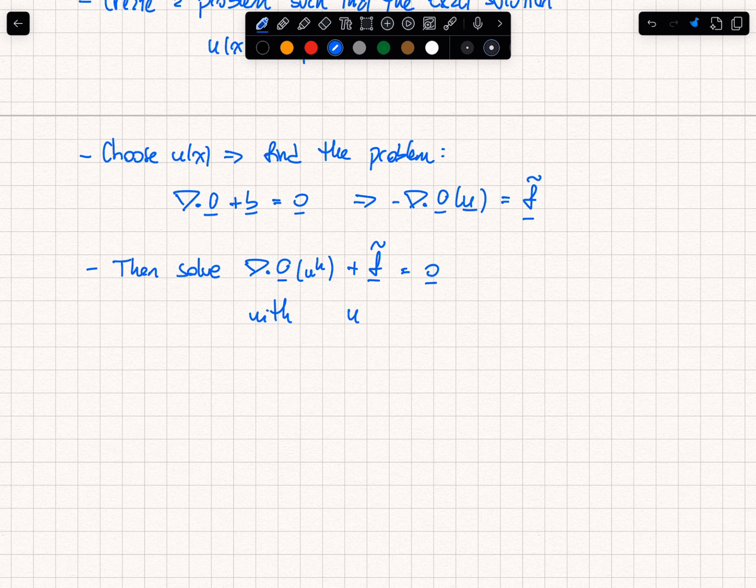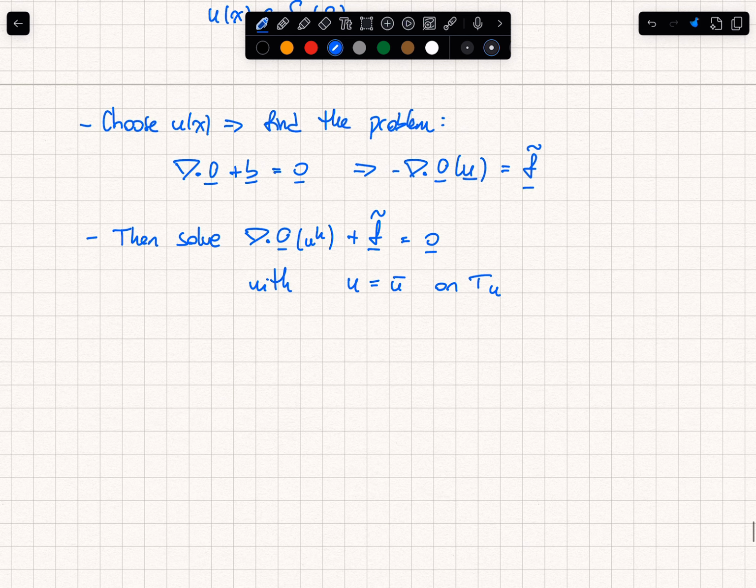So U is equal to U bar on gamma U. And then T, which is traction, which is sigma of U dotted with N on gamma T. And that is the way we can test our formulations.